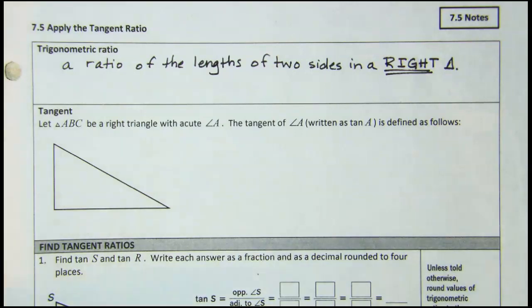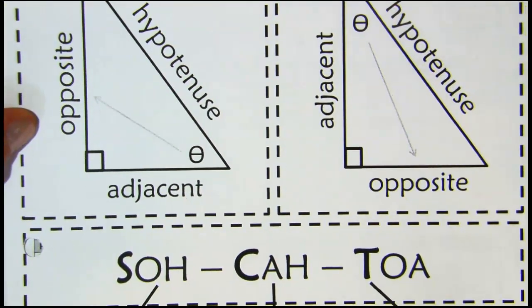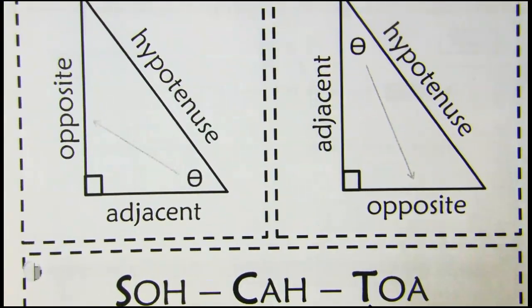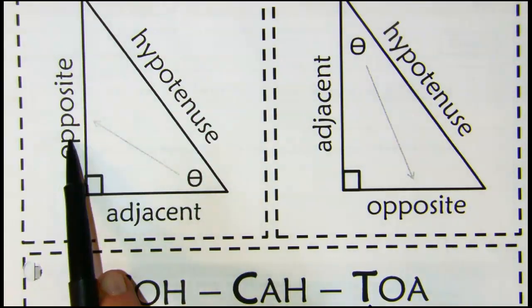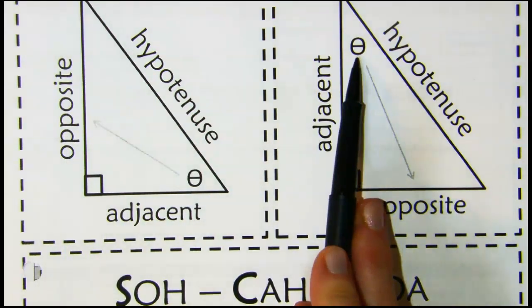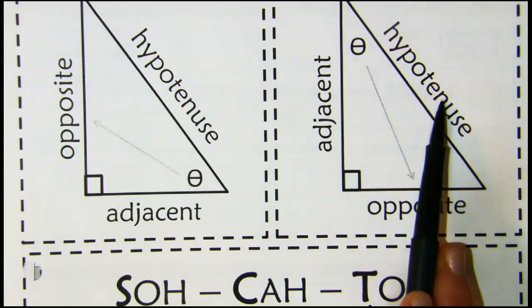Now, a very common trigonometric ratio mnemonic to help us is called SOH, CAH, TOA. Remember that we talked about yesterday, we will have a reference angle, theta, and we will have an adjacent side and an opposite side, and then the hypotenuse. If that reference angle changes, then this is the opposite side, this is the adjacent side, this is the hypotenuse.